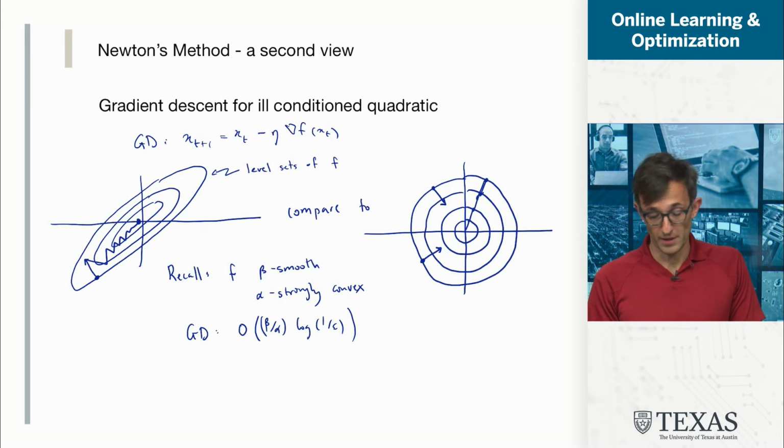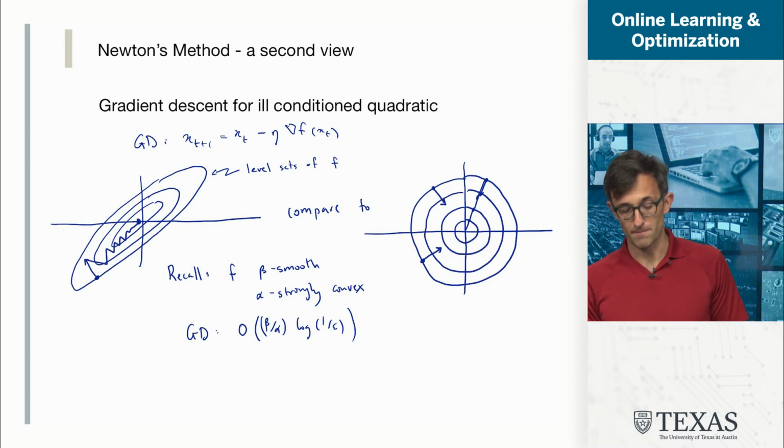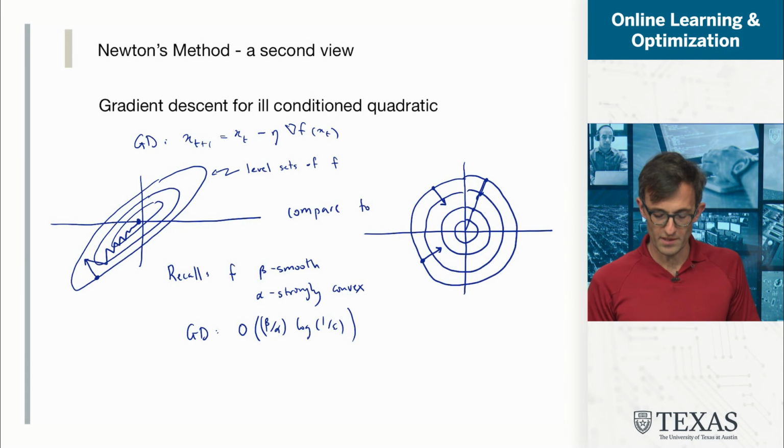So on the other hand, beta is always greater than or equal to alpha, because remember that beta is a quadratic upper bound to our function f, and alpha defines a quadratic lower bound, so beta is always going to be greater than or equal to alpha. In other words, the best we could hope for beta over alpha is for it to be equal to 1. That's exactly what we get on the right-hand side of a perfectly conditioned problem.